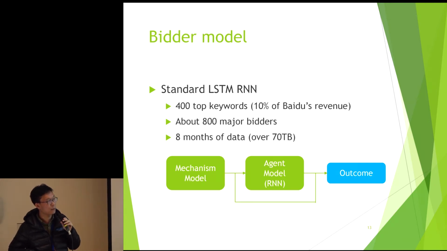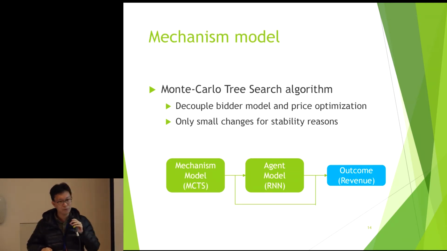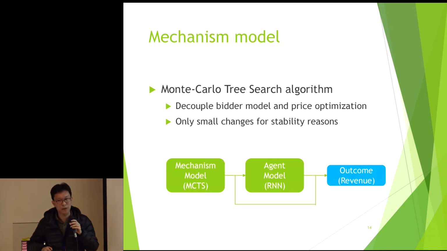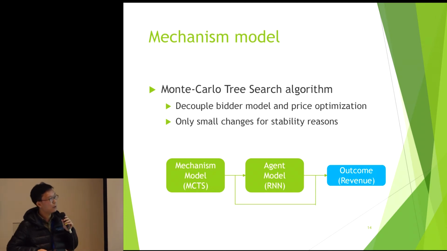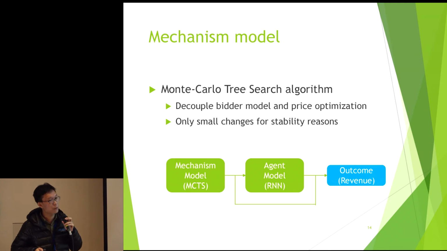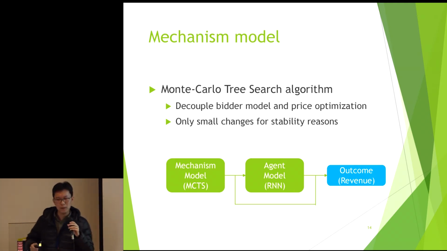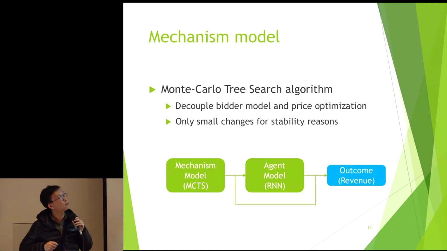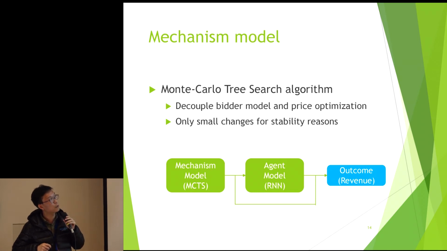So we have the agent model. For the mechanism model, as I mentioned, the parameter of the mechanism is just the reserve price. In order to optimize the reserve price, we choose to use the Monte-Carlo tree search algorithm to solve the Markov decision process. Of course, we can use some other algorithms like deep Q learning or any neural network-based algorithms. The reason that we choose this algorithm is that we want to decouple the bidder model and the price optimization.